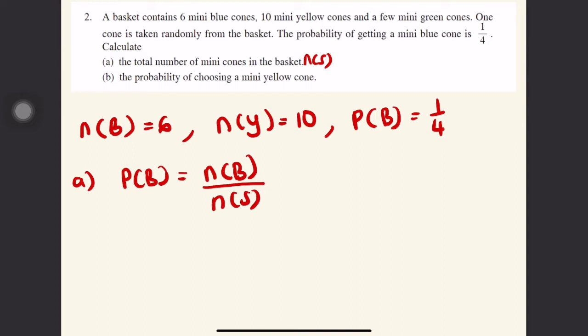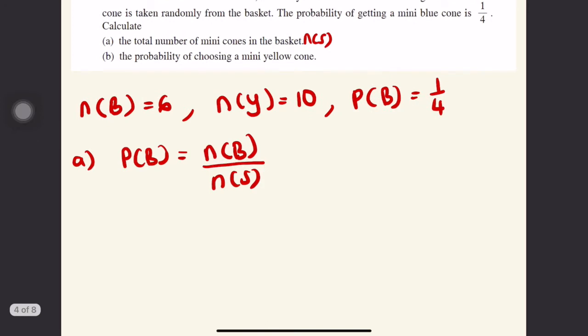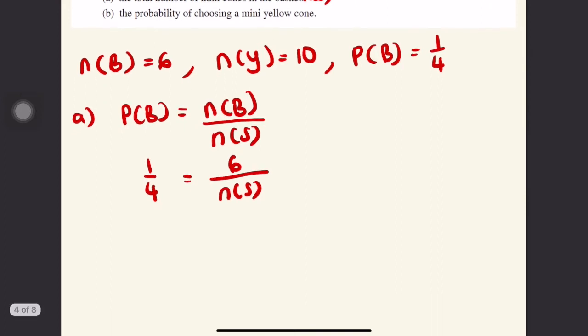From the question we already have 2 out of 3 pieces of information, where the probability of getting blue is 1 over 4, number of blue is 6, and number of sample space is unknown. So how to find the number of sample space? We can do cross multiplication.